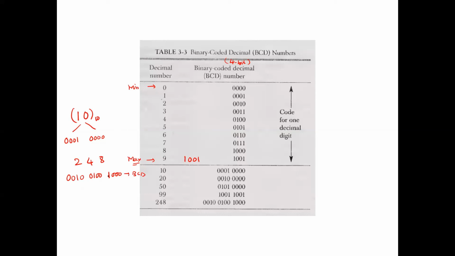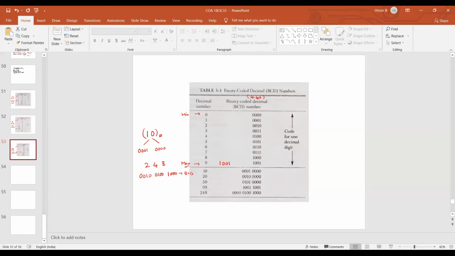Similarly, we have ASCII code. For alphanumeric characters also, we have an ASCII chart. These are only the digits we have. In octal we have only digits. In hexadecimal we have alpha digits, but only A to F. And in decimal we have no alpha digits; that is, alphabet digits A, B, C, D, E, F we don't have, only 0 to 9.